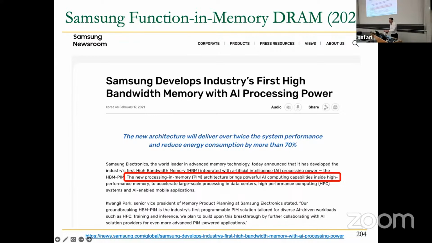Okay, so now I'm going to accelerate a little bit because we are not going to use those architectures in the labs, but it's extremely important for you to know what is out there in the market as well as alternatives for UPMEM. So right after UPMEM, in 2021, Samsung also came up with their own processing-in-memory architecture.